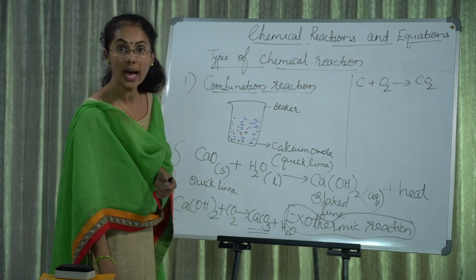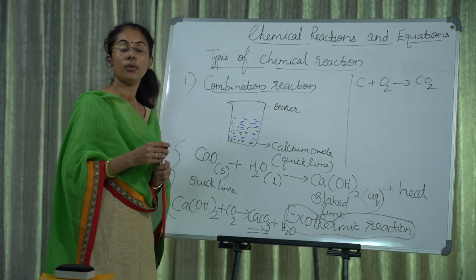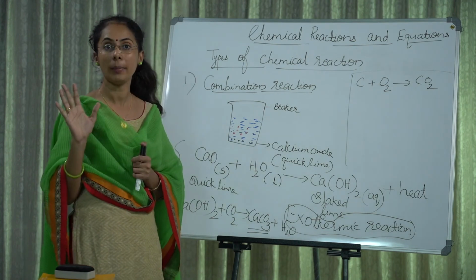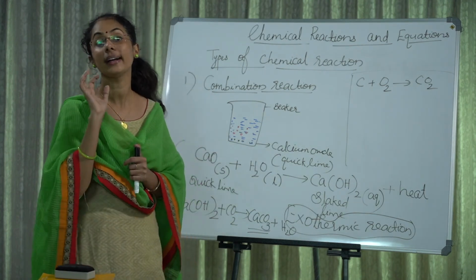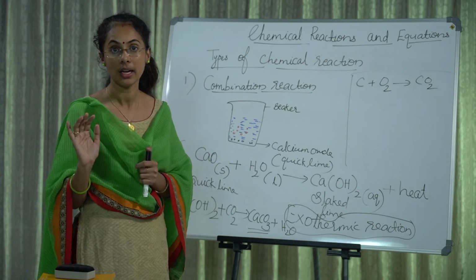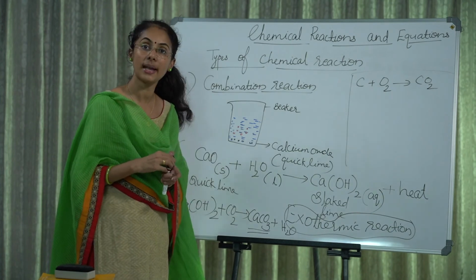That calcium carbonate gives white color. Calcium carbonate is also known as marble, no? Marble also contains calcium carbonate. Marble is also white in color, due to the presence of calcium carbonate.